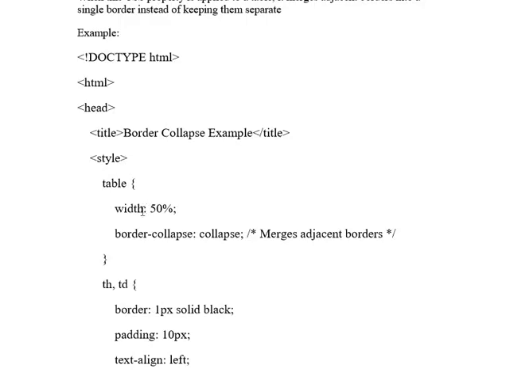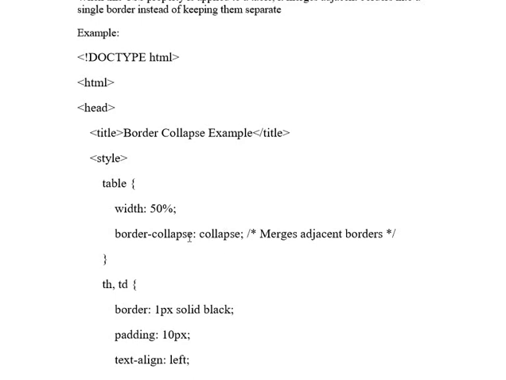So one of the CSS properties is the width property, and we are asking it to set width 50%. So it sets the width to 50% of the page width. The second CSS property we want to apply to our table, for merging the adjacent borders, is border-collapse.